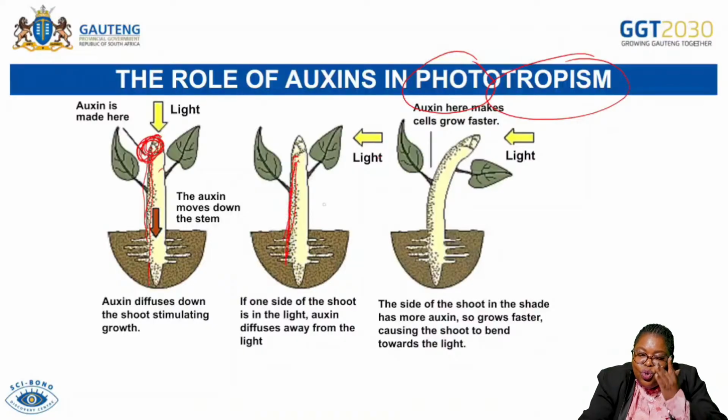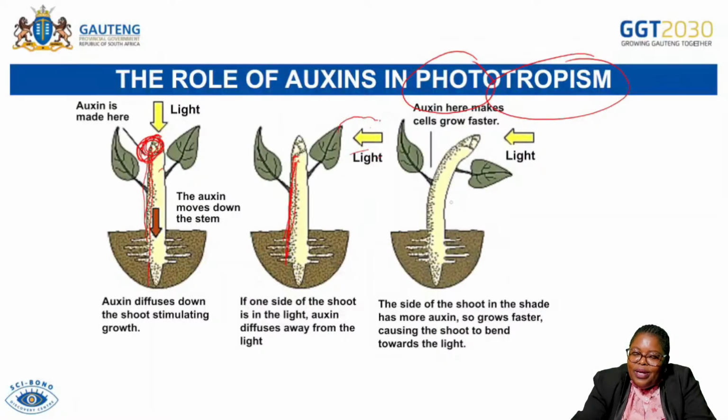So the shoot is going to elongate. If one side of the shoot is in the light, auxin diffuses away from the light, to the other side.